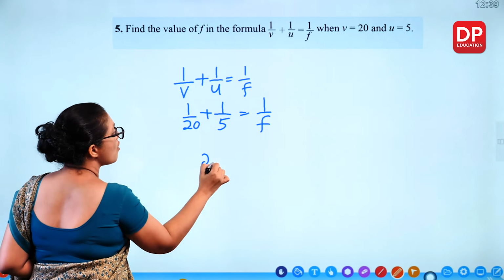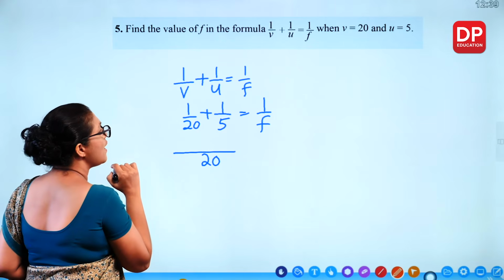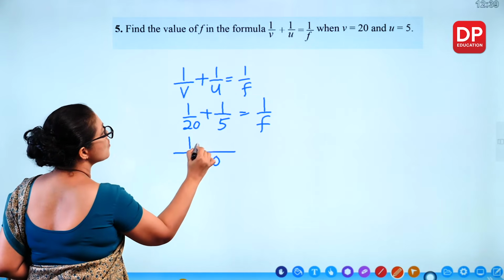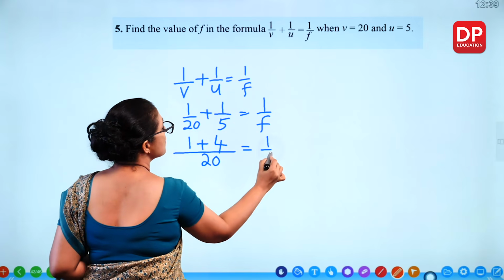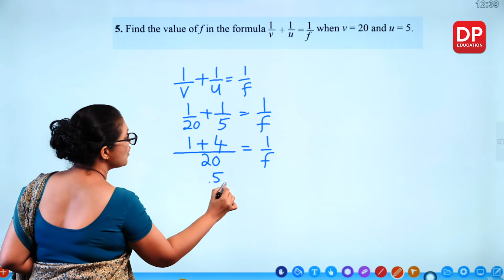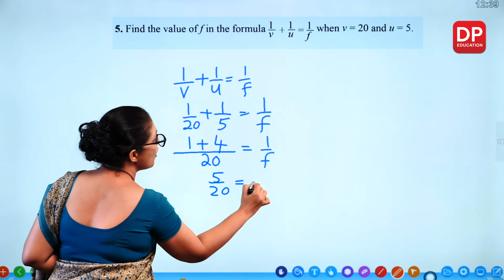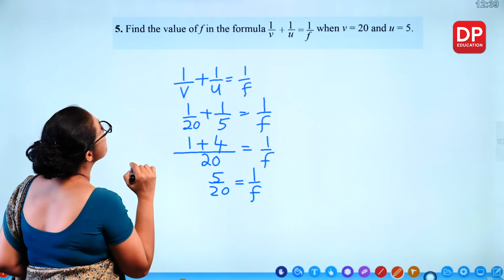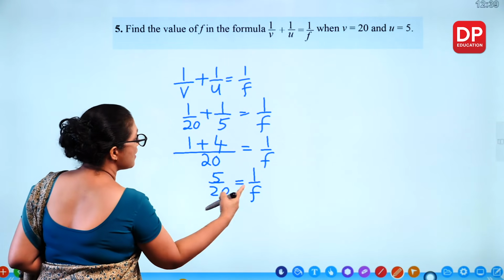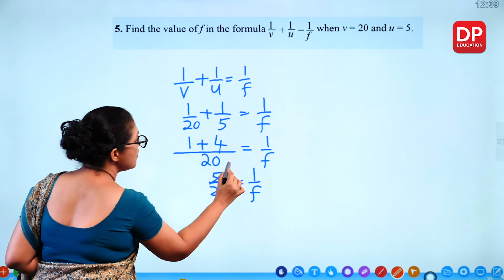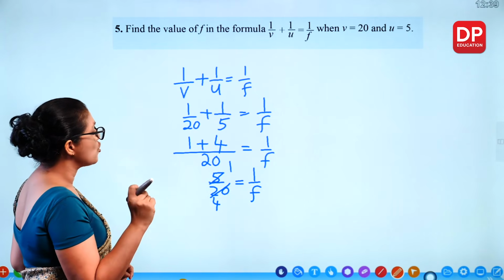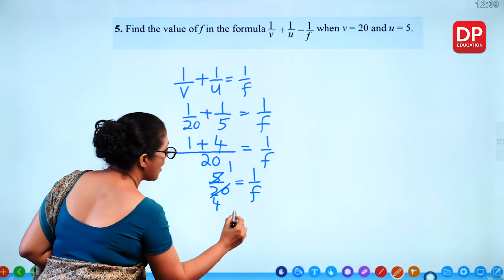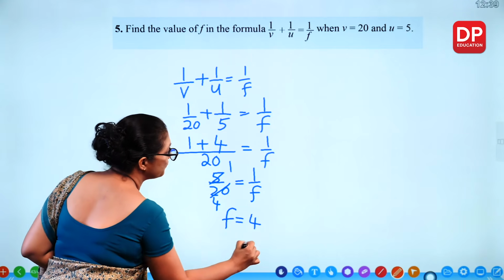So what's the lowest common multiple of 20 and 5? That's 20. So multiply this by 4 to get 20. So what's the answer? 5 over 20 equals 1 over f. So 5 times 1, 5 times 4. Now when you take the reciprocal, switch upside down, f becomes 4.